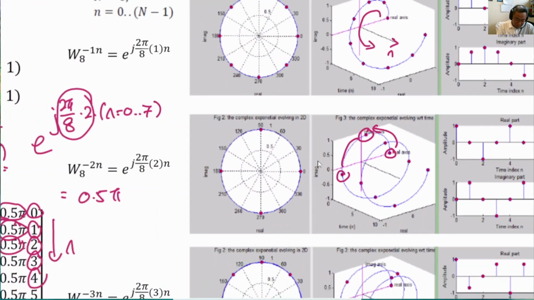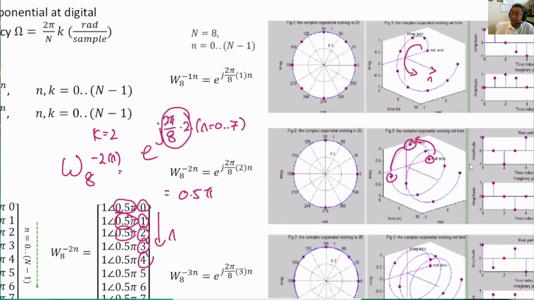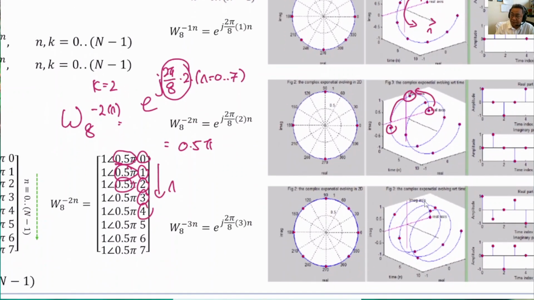This vector shows that in N steps, it actually moved 2 rounds. So that's why this is the second harmonic, because if this is the first harmonic, it used N steps to move 1 round. Here it is twice as fast, so we say the second harmonic. And if you now understand this concept, then when we use k equals 3, this is moving even faster. It's the third harmonic.